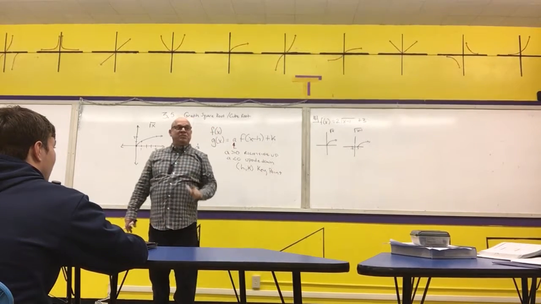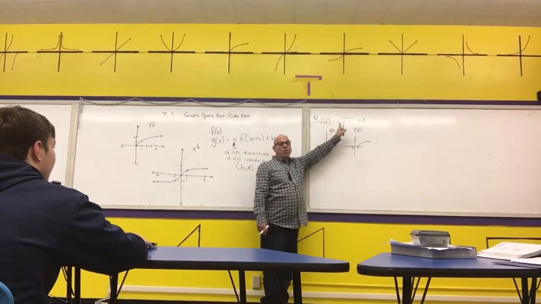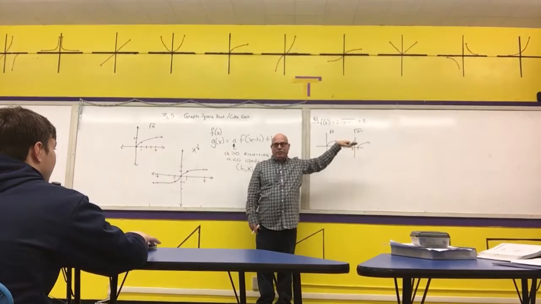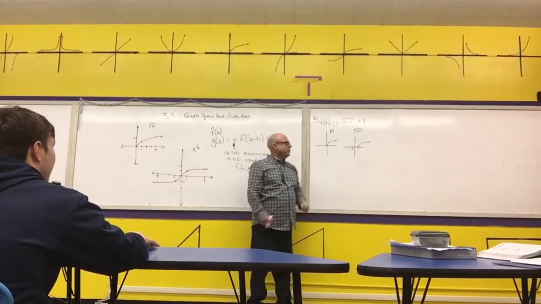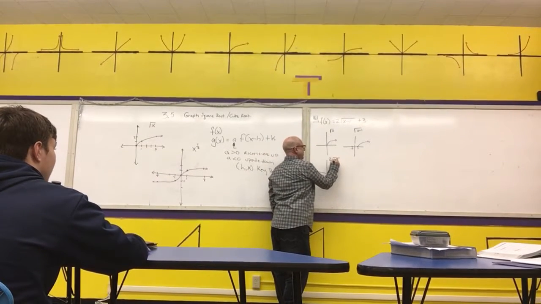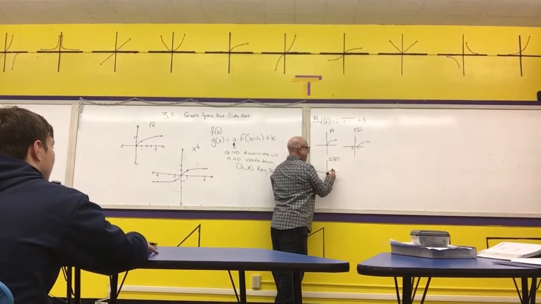Steeper. Okay. If this number is more than 1, it makes it steeper. So it starts out like a teapot, then it's going to be a steeper teapot. Okay? So my next graph would be 2 times the square root of x minus 1. And all you're going to do is, instead of drawing it like this, you're just going to make it shoot up faster.